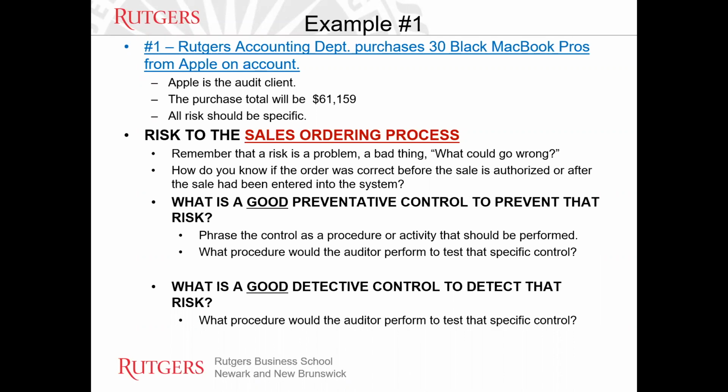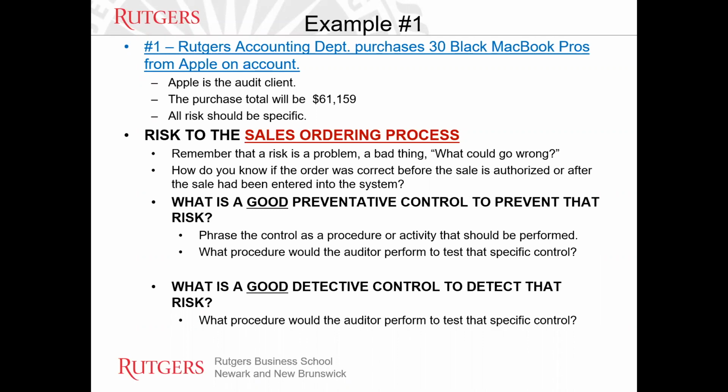But what happens here? The sales associate records whatever the customer orders on the sales order. So you always want to mention the sales order in your control, in your risk, and in your test of control. You're basically using the same words, you're just changing them around, right?